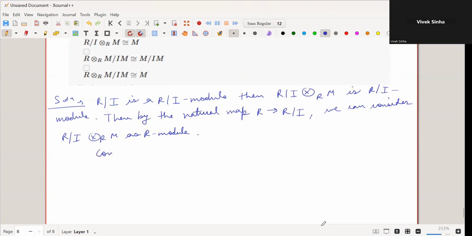One has to consider the map F from M to R/I tensor M, defined as F(m) to be 1 tensor m.